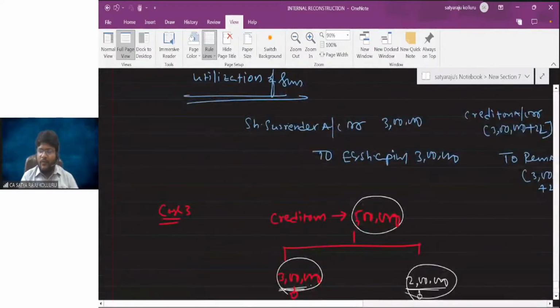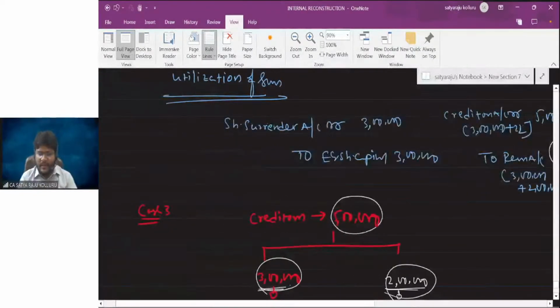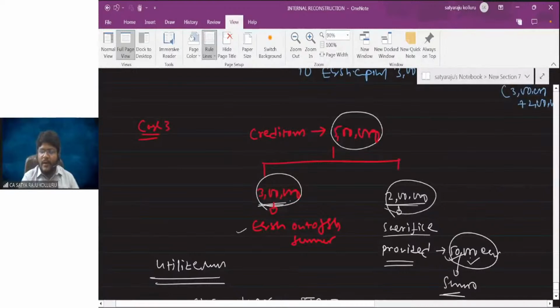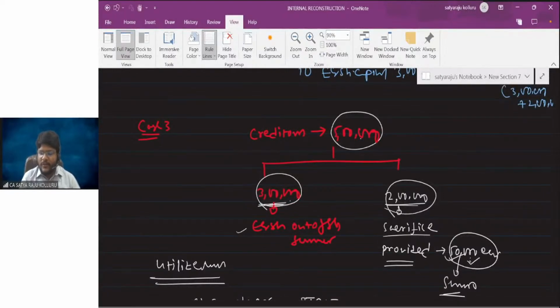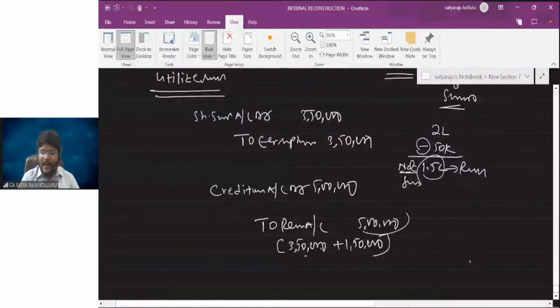You transferred 5 lakhs again to reconstruction. In the third case, out of 5 lakhs, you issued equity shares by utilization of share surrender, and the remaining 2 lakhs they sacrificed. In return, they're expecting 50,000 worth of equity shares. In that scenario also, you are transferring 5 lakhs to the reconstruction account.